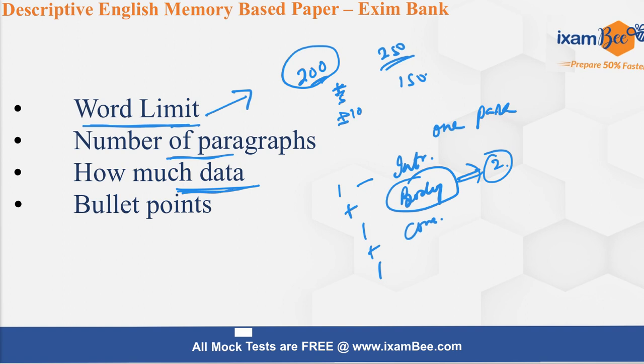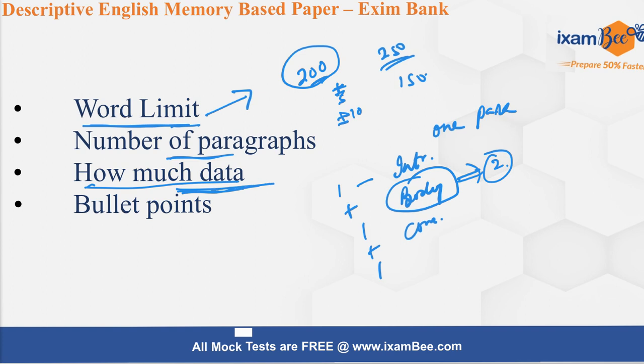Then how much data should you use? I would say very little data, because again it is a test of your writing skill. They have tested your knowledge in your objective paper, and there is another paper of professional knowledge. If you put in a lot of data, your point of view will be missed somewhere.